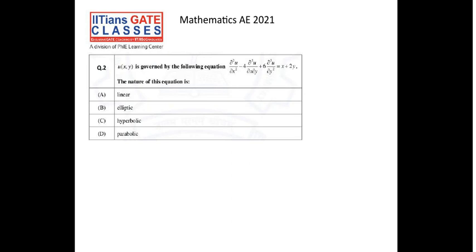U of x comma y is governed by the following equation: dou square u by dou x square minus 4 dou square u by dou x dou y plus 6 dou square u by dou y square equals x plus 2y.